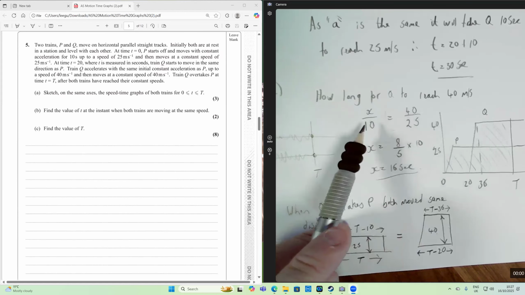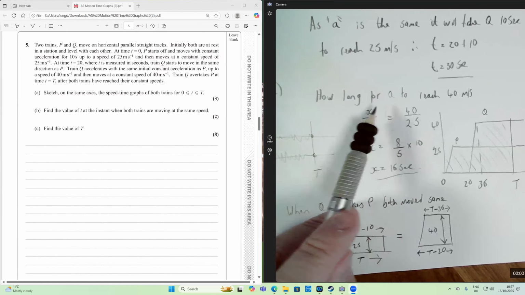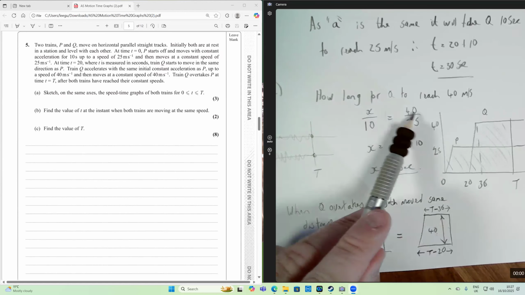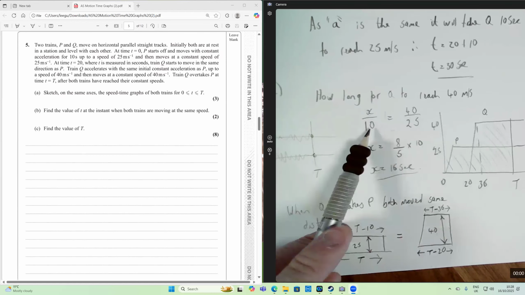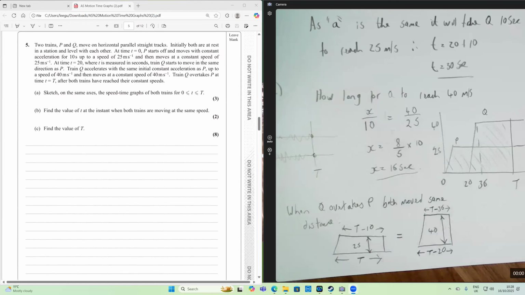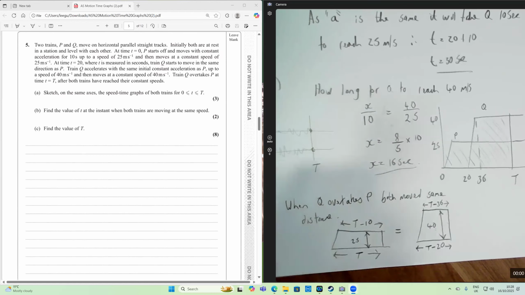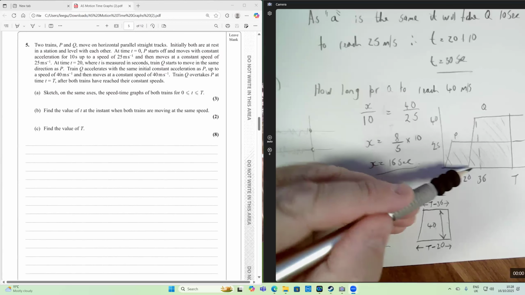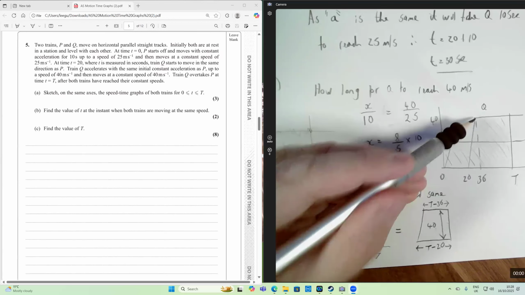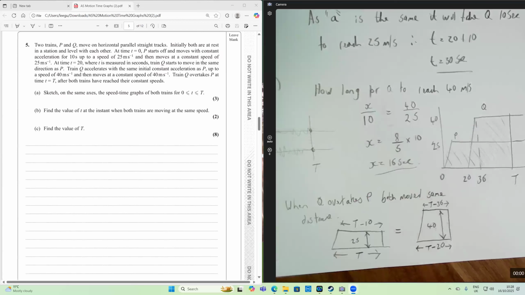If it took 10 to get to 25, it's going to take X to get to 40. And 40 over 25 simplifies into 8 over 5. Rearrange this to make X the subject, and we find that X is 16 seconds. So it took Q 16 seconds to accelerate from rest up to a speed of 40. It started 20 seconds later, so it had reached its speed at 36. So far so good.